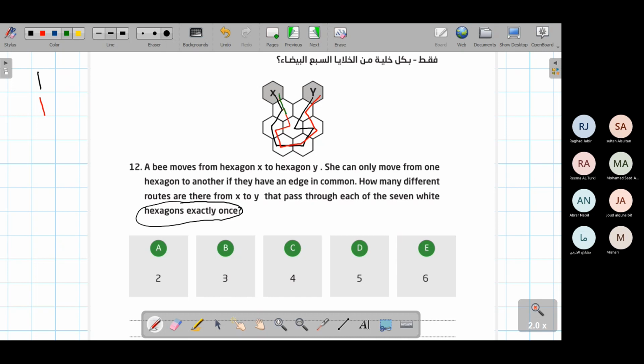Also 1. Maybe 1, 2, for example. Let's say like that: 1, 2, 3, 4, 5, 6, 7, and I get here. So this is the third one.